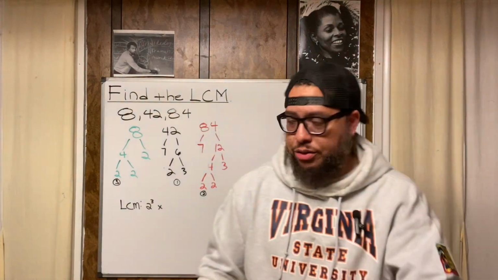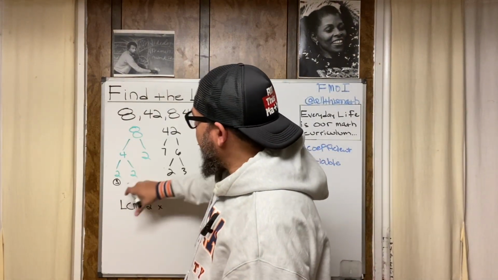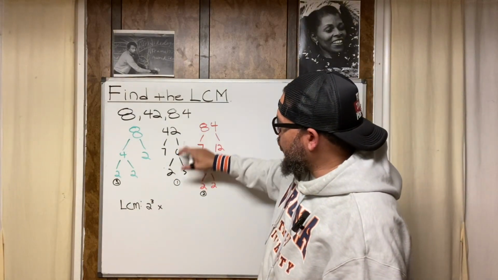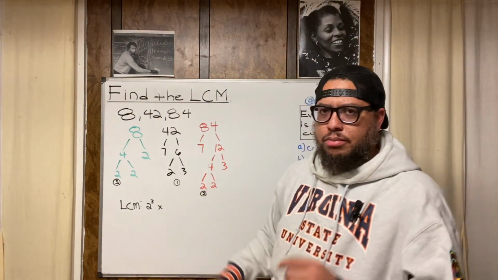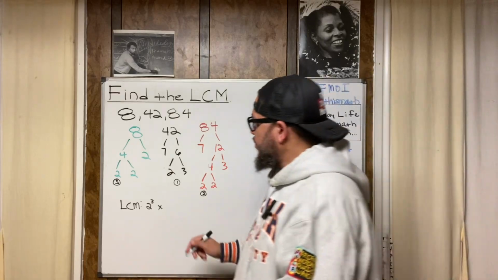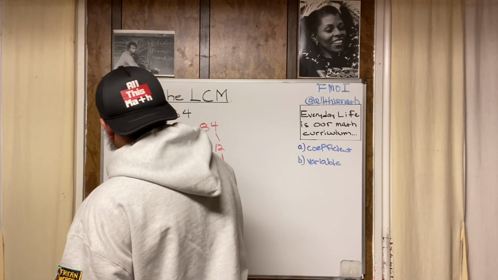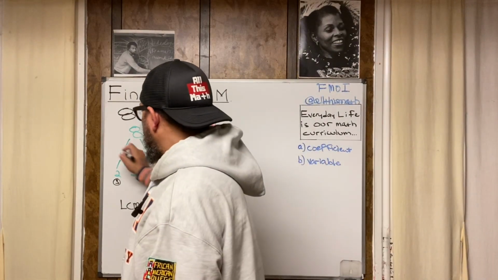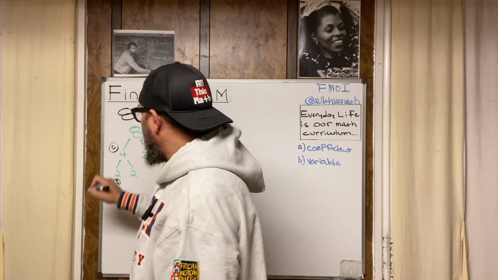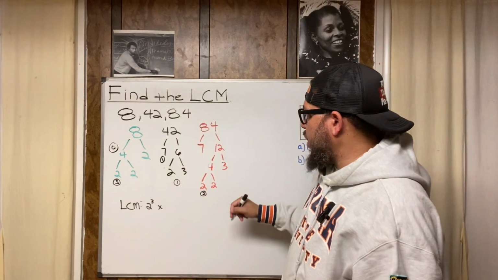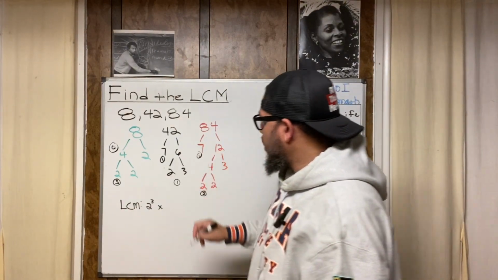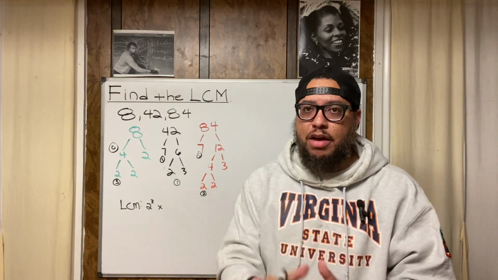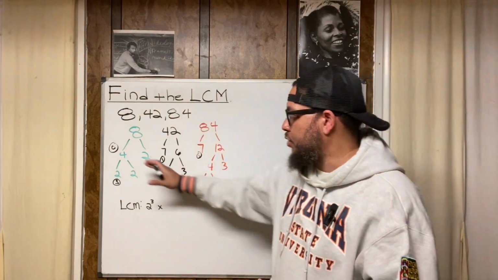Now we're looking at other factors. 8 only had 3 2s, so I'm not checking 8 anymore. Now we go to 42. I see a 7. 42 has 1 7. How many 7s does 8 have? None, so I'll put a 0 up here. How many 7s does 84 have? It also has 1. So again, the question becomes, what is the maximum amount of 7s you see in any of these prime factorizations?